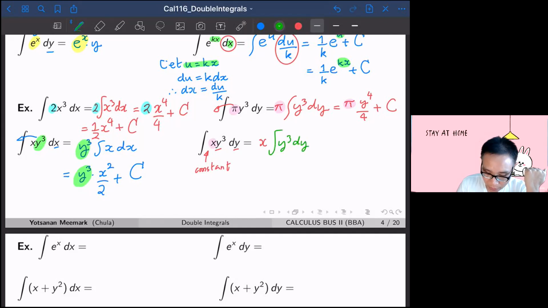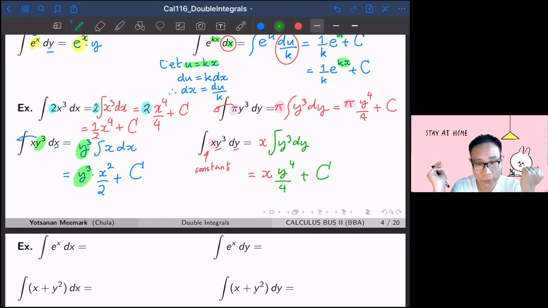The integral of y cubed is y to the 4th over 4 plus c. So it's going to be x times y to the 4th over 4 plus c, and this will be your final answer.